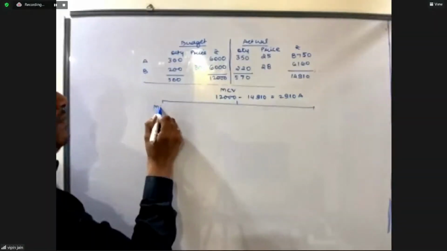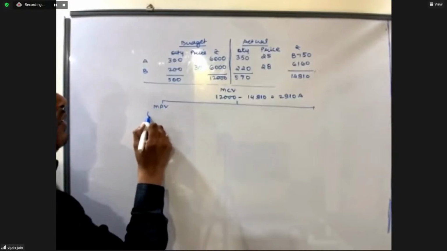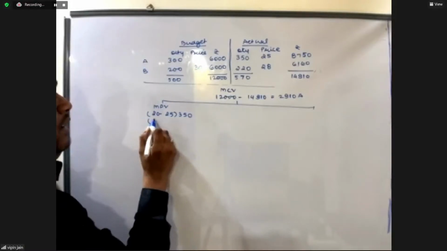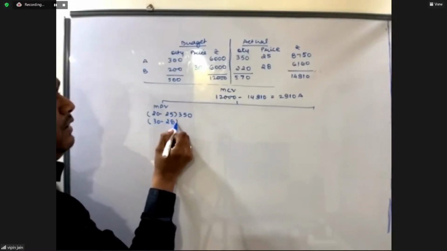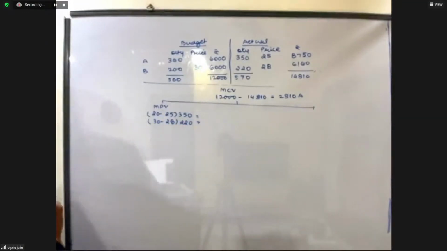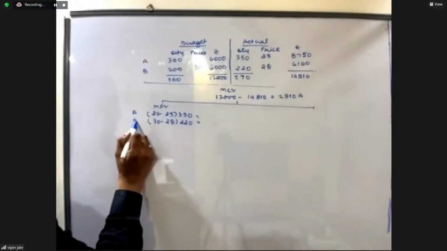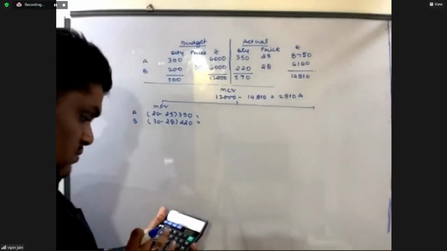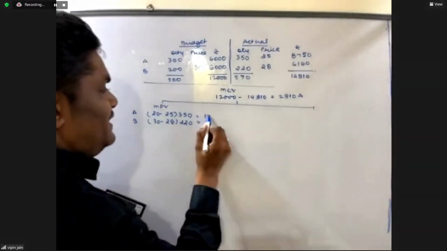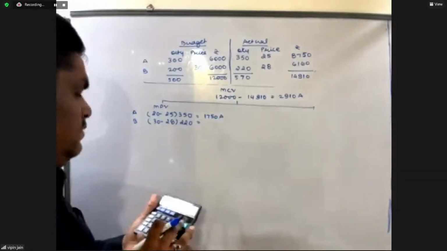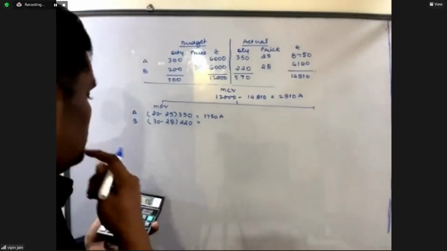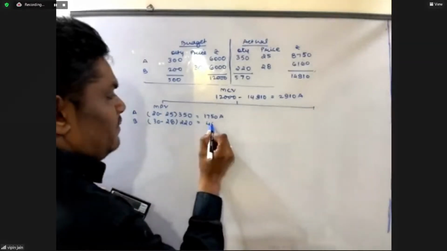When talking about material price variance, again, 20 minus 25 into 350 and 30 minus 28 into 220. This will be my material price variance. That is 1750 adverse. 440 is favorable.